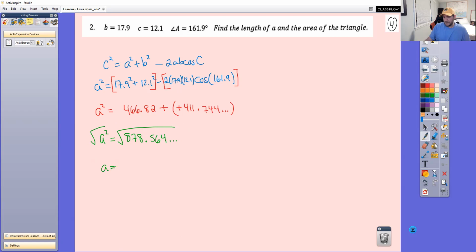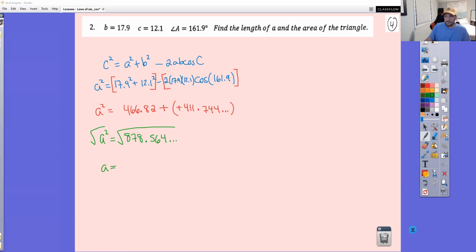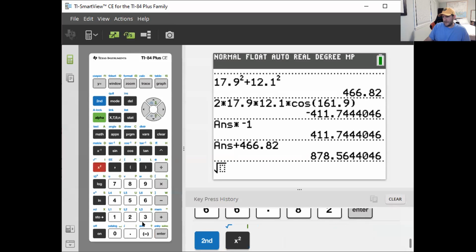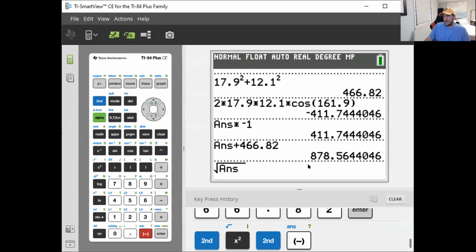So how do you do the square root? Well, again, go back to the calculator. One of your best friends in this unit is going to be knowing that you can get your previous answer. You go second answer. And so now instead of using a rounded off decimal, you're using this thing here. And you're not using just what you see here.